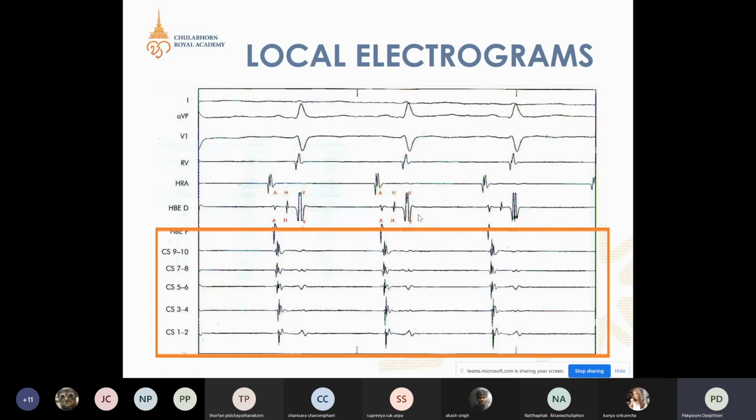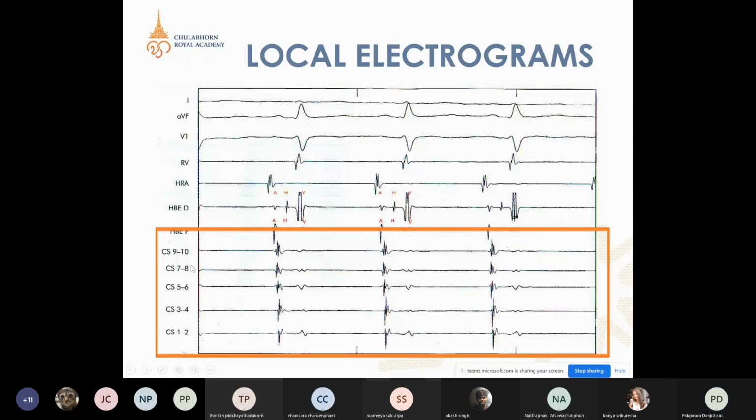And the last one, the CS catheter. The distal electrode of the CS catheter, we call it CS 1 and 2, right? But the most proximal electrode of the CS catheter, we call it CS 9 and 10.